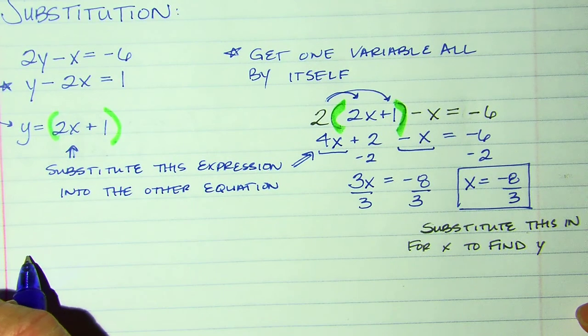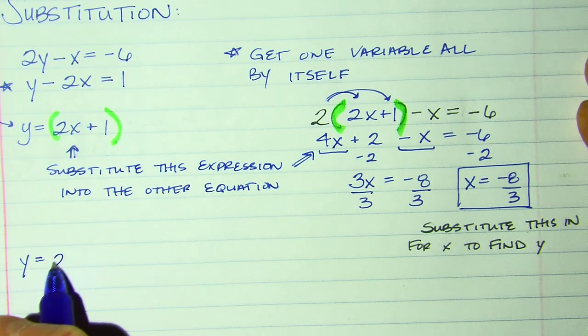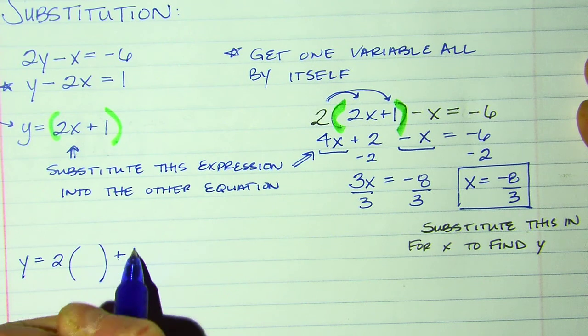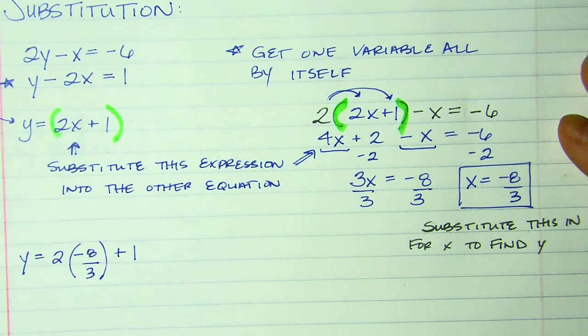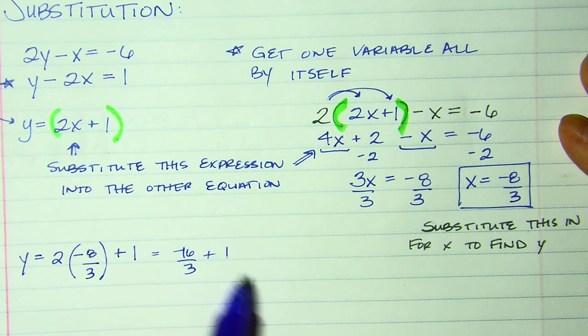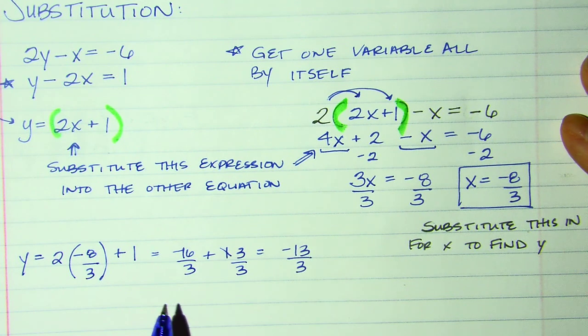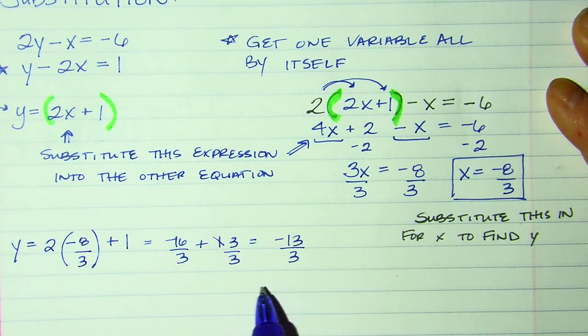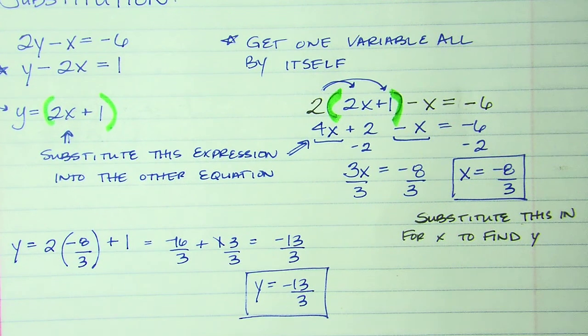So I'm going to substitute it into here. y equals 2 times x plus 1, but I'm substituting in negative 8 thirds. That gives me negative 16 thirds plus 1, which would be 3 over 3, and that gives me negative 13 thirds. So my answers are x is negative 8 thirds and y is negative 13 thirds.